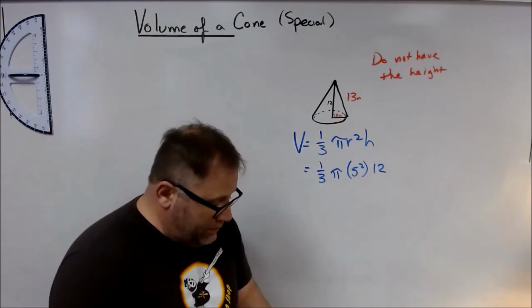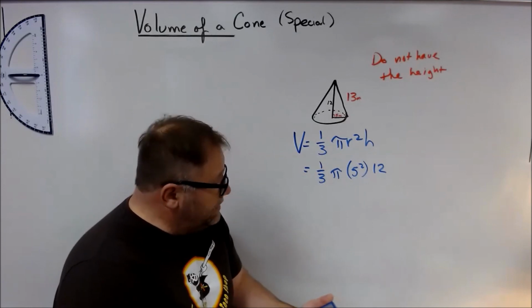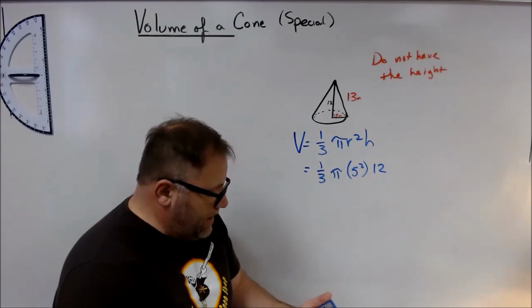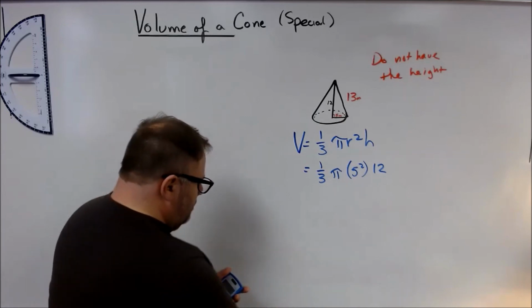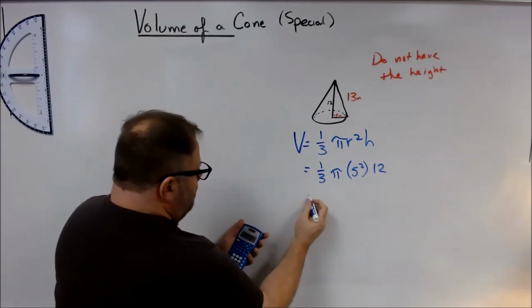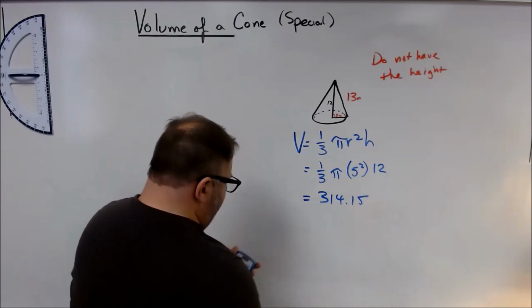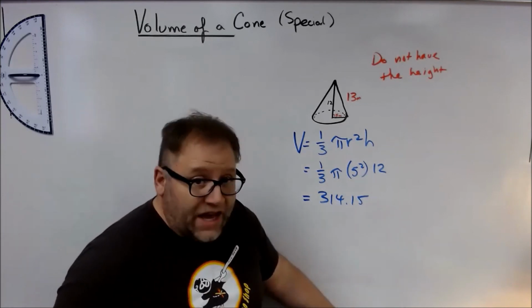Then I get my calculator. I go 1/3 times pi times 5 squared times 12 equals 314.15. Is my hundredths place 5 or greater? Yes.